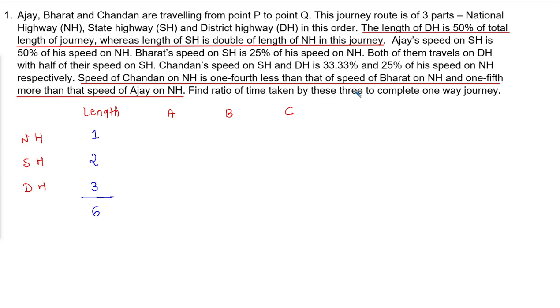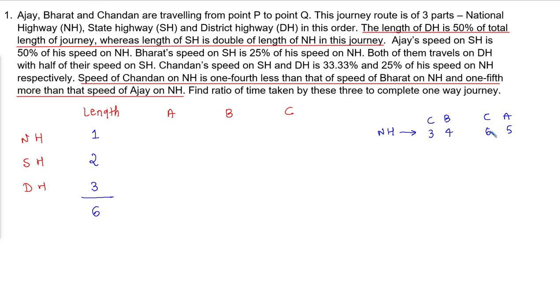Speed of Chandan on NH. We are talking about NH. Speed of Chandan on NH is 1/4 less than that of Bharat. If the speed of Bharat is 4, then the speed of Chandan on NH becomes 3. And 1/5 more than Ajay on NH. So if Ajay's speed on NH is 5, then the speed of Chandan becomes 4 units, 1/5 more, 6 units.